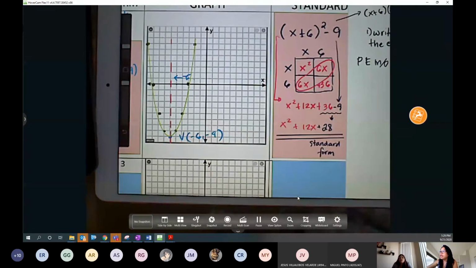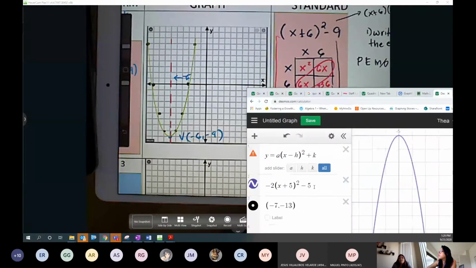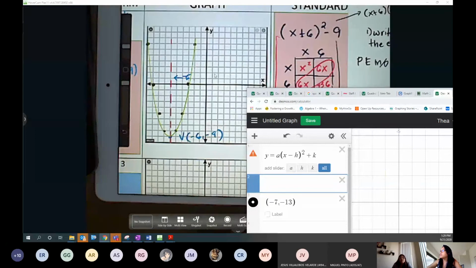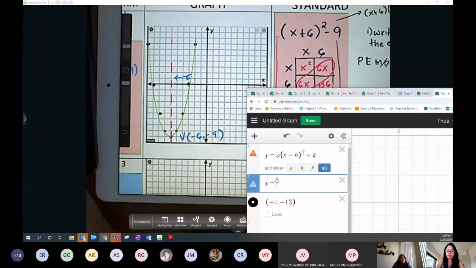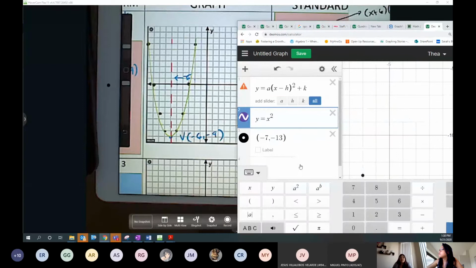Okay, then we try to type the equation, see if it's going to end up the same as our graph here. So y is equal to x squared plus 12x plus 28.